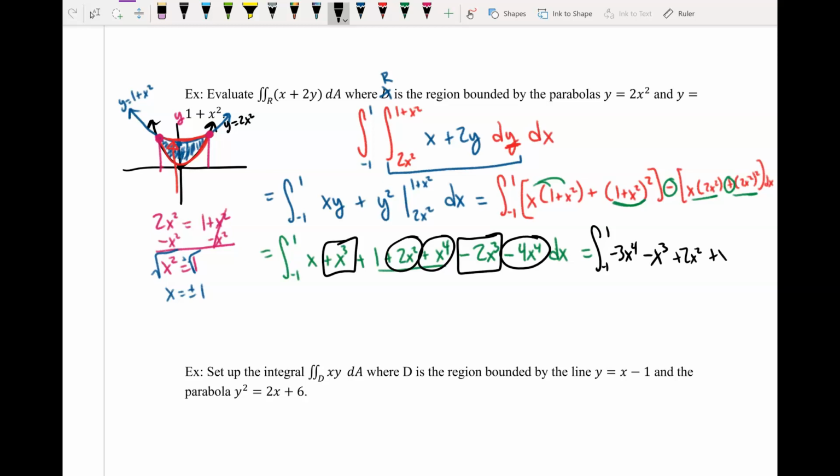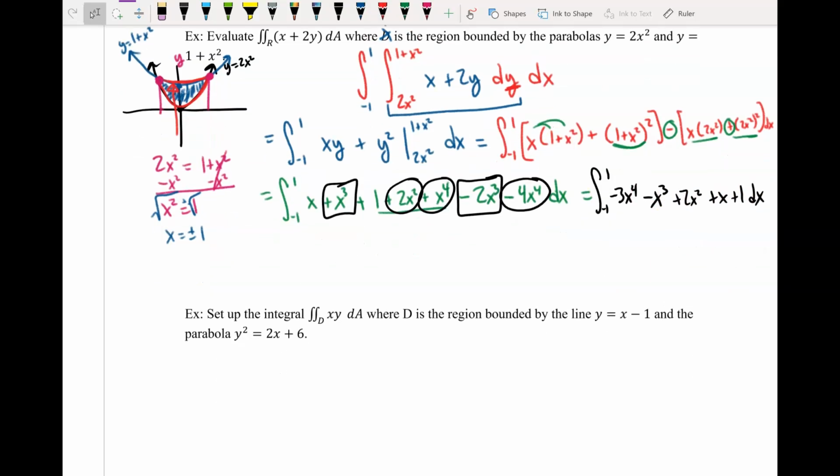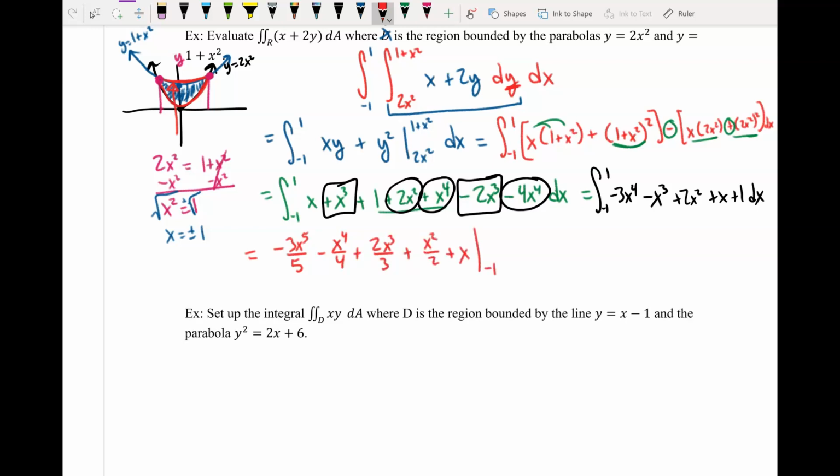You have a plus x and a plus 1. And now all we have to do is take the antiderivative. So this will be -3x to the 5th over 5 minus x to the 4th over 4 plus 2x to the 3rd over 3 plus x squared over 2 plus x, from -1 to 1.